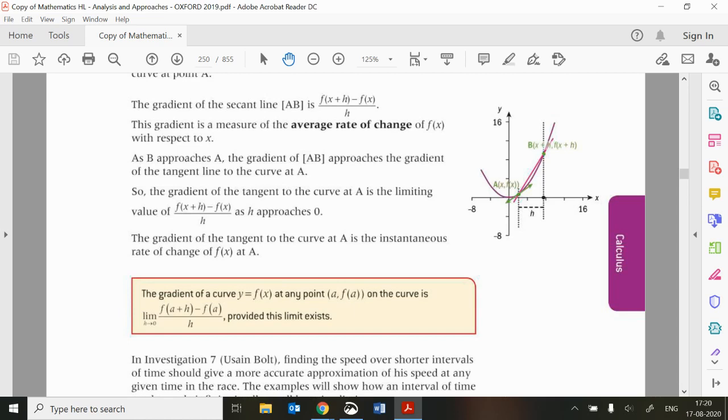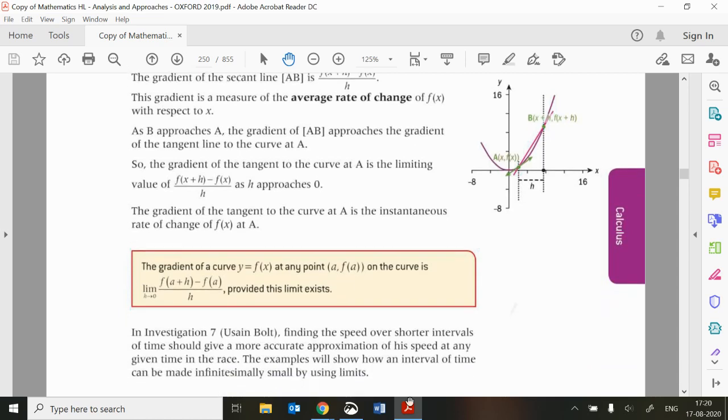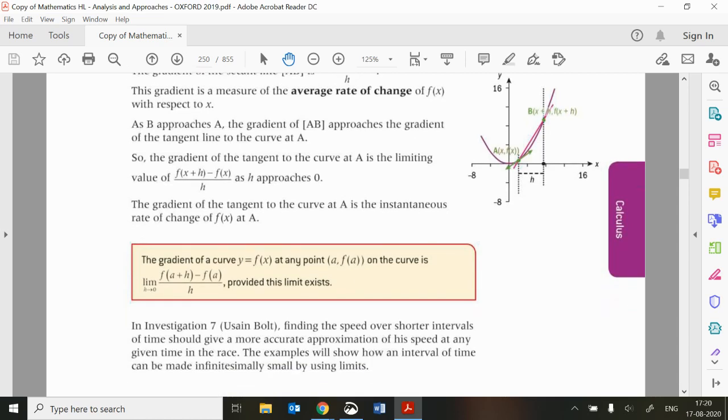Now, when they say h, they mean delta x. Okay, h is that little extra bit on x, which you can see in their little diagram over to the right-hand side.